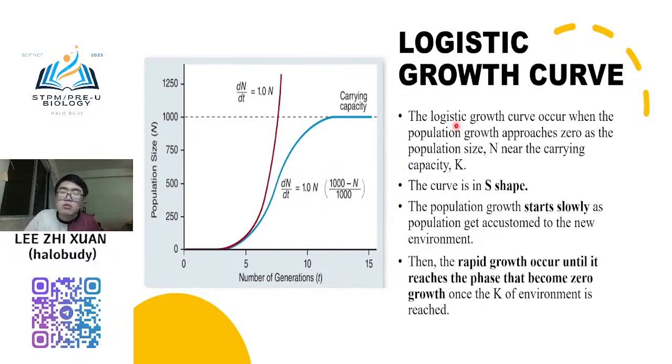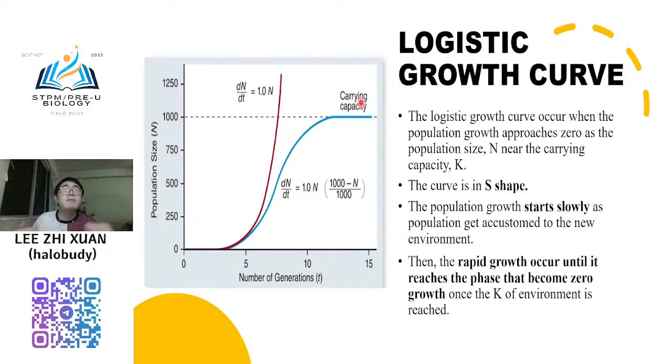Normally the logistic growth curve occurs when the population growth approaches zero as the population size nears the carrying capacity. Later we will learn the definition of carrying capacity. I think all of you already know, right? Carrying capacity, if I'm not mistaken, is the maximum environmental space that can be survived by the organism.